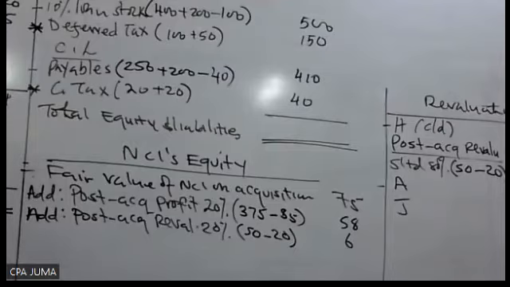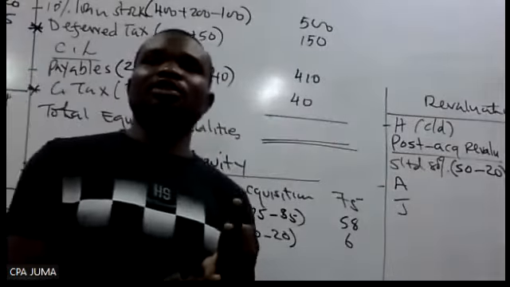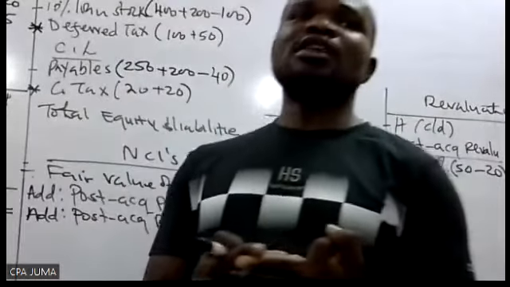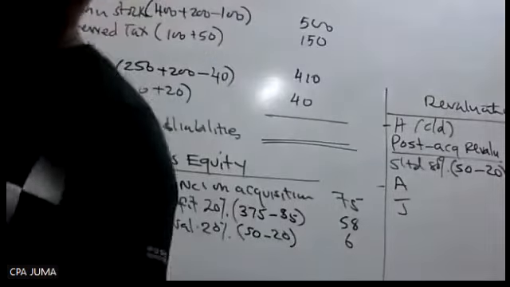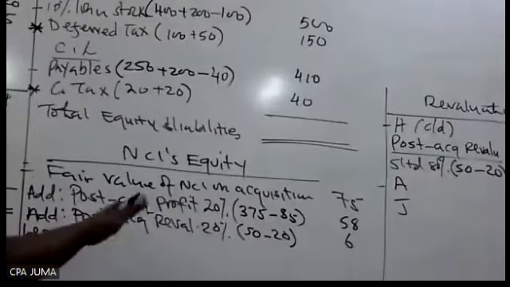Then once you're done with that, I always want you to have the three things in mind: depreciation, impairment, UPI. Let me start with the depreciation. So it was excess. When you charge excess, the profit is understated.